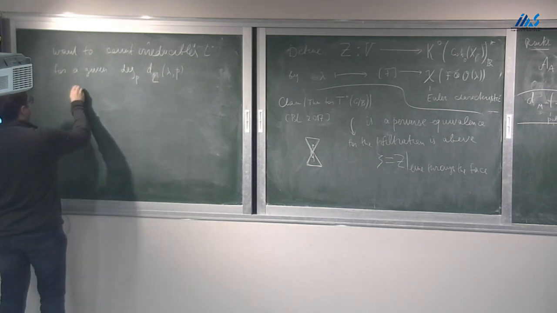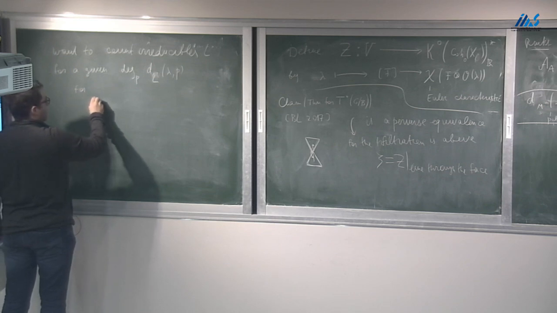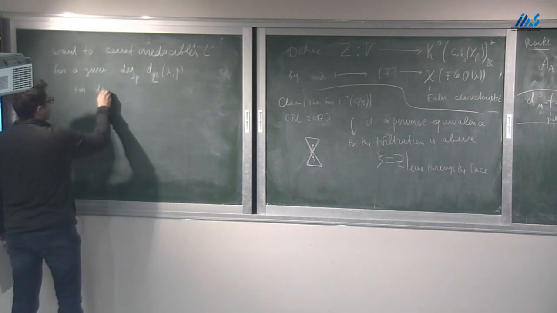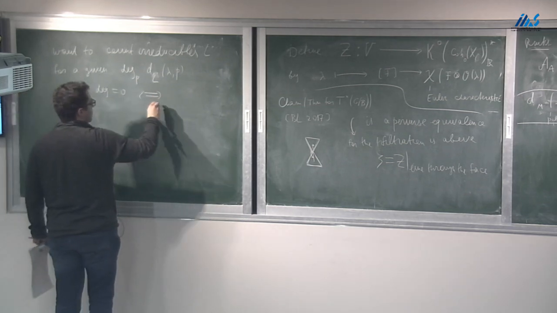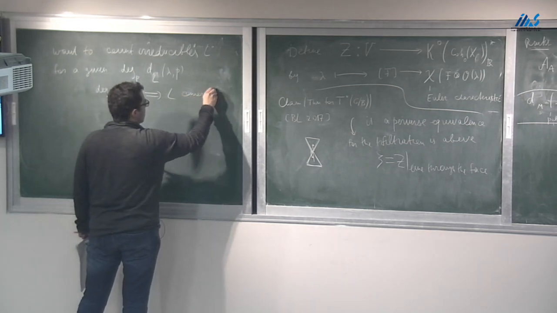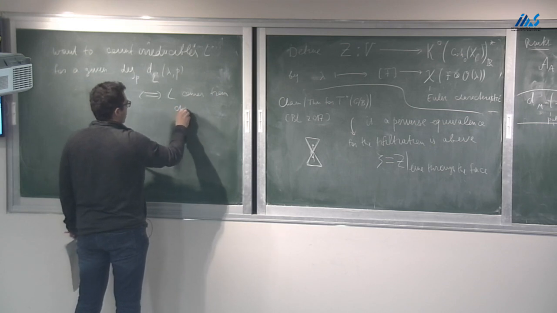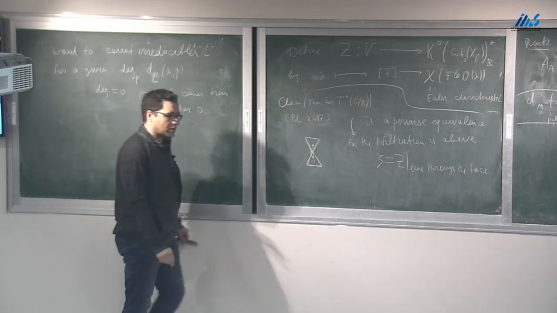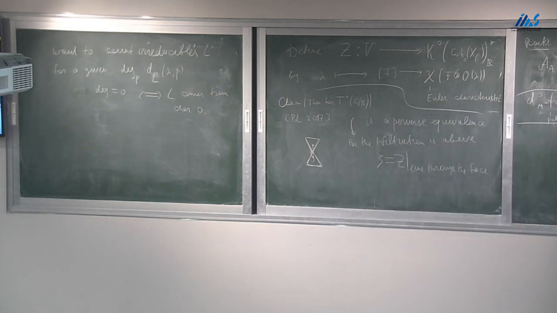And notice that for degree equal to 0, one can show that this is equivalent to saying that L comes from characteristic 0. So in particular, this problem contains the problem of counting finite dimensional representations in characteristic 0, and this is expected and proved in the T-star G/B case.